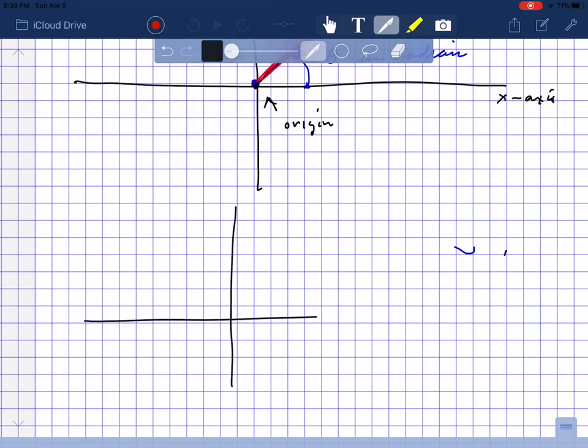So let's look at an example. This is 2 units.